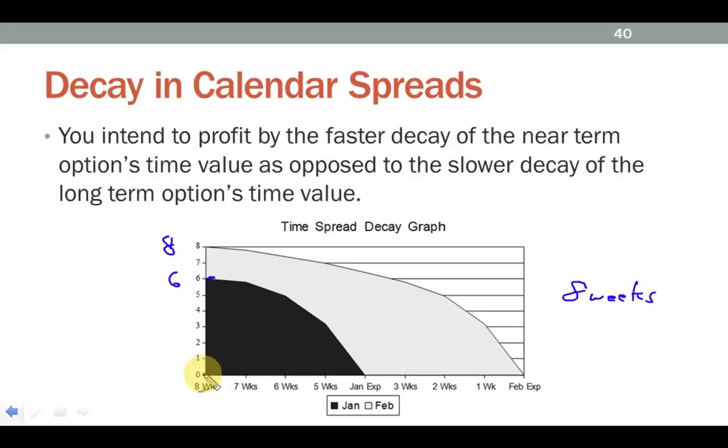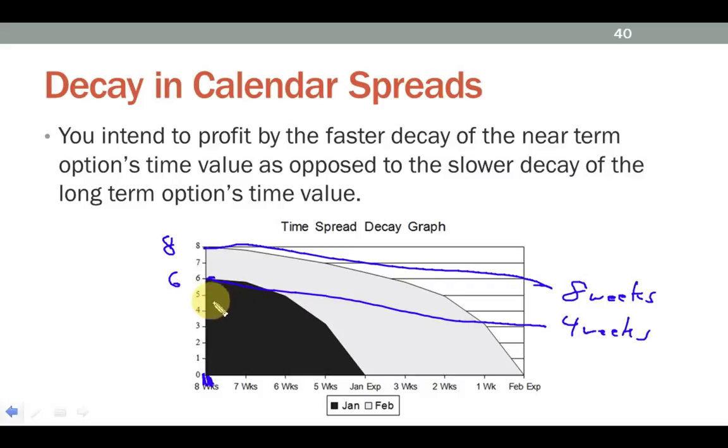The $8 option, it's got about 8 weeks, about 2 months to live. So what you've ultimately got is one option that's in the steeper area of its decay than the longer duration option.